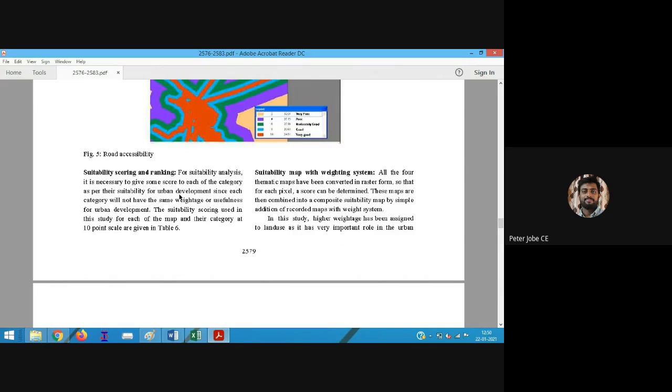See this line. Each category will be given different scores and weightages, since each category will not have the same weightage or usefulness for urban development. As we said earlier, the presence of water bodies might not have the same weightage as the availability of nearby road networks in urban development.